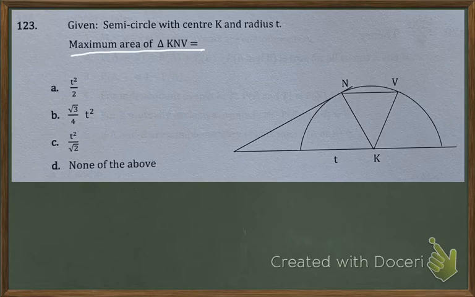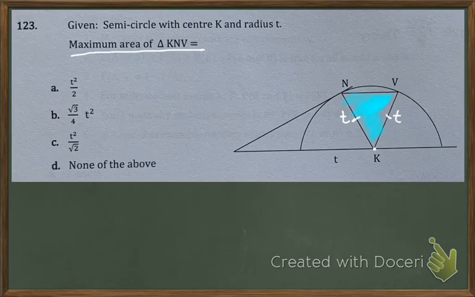Now here sits the triangle that we need to maximize the area of, and the very important part of this sketch is, of course, the center of the circle K. Now, consider the two very important line segments there. That's KN and KV.